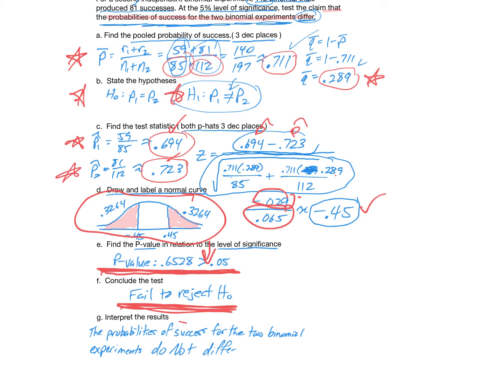And everybody, the interpretive results will either have the word not, if it's fail to reject, or the exact same words I showed you in the problem if it's a reject H0. Okay. That, ladies and gentlemen, is binomial probability hypothesis testing of more than one probability.